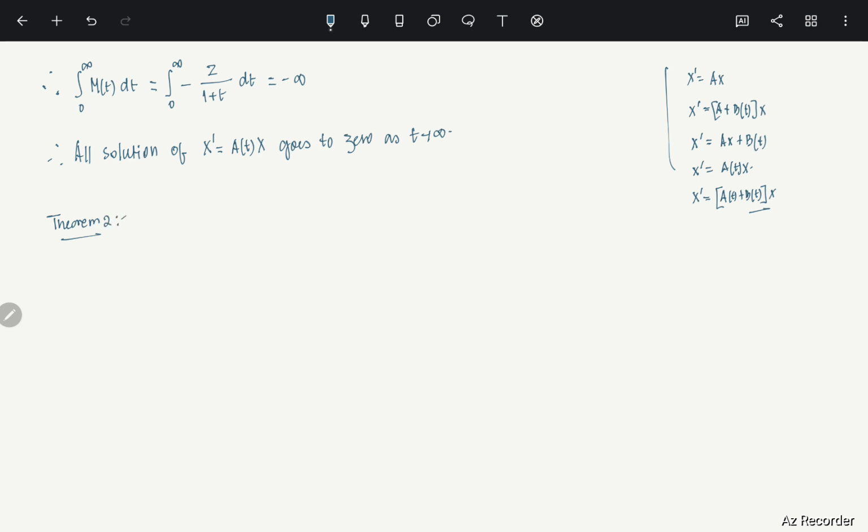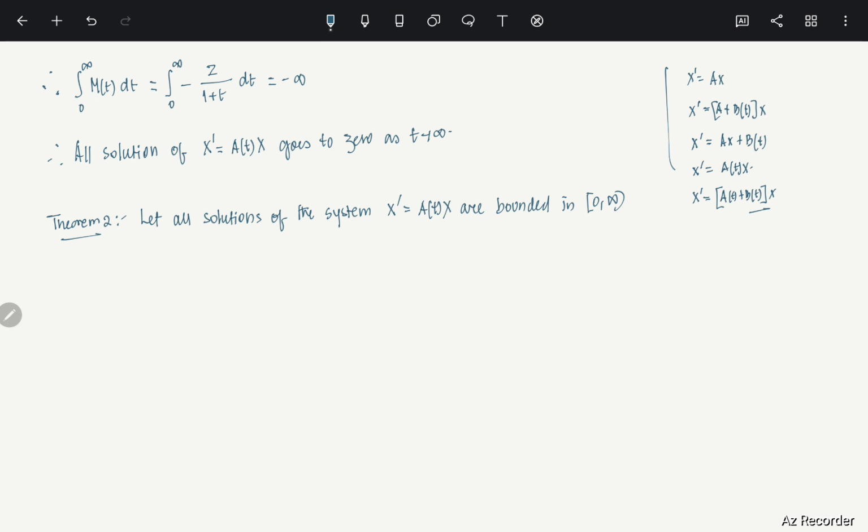Let all solutions of the system x prime equals A(t) times x be bounded in 0 to infinity.